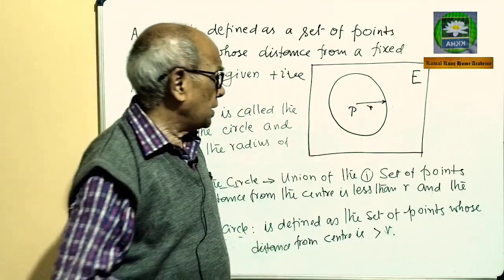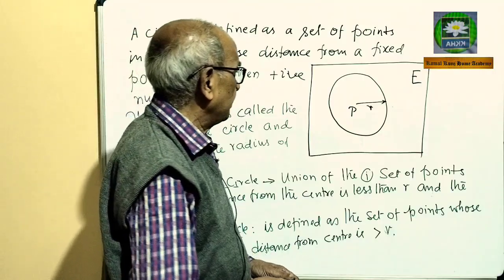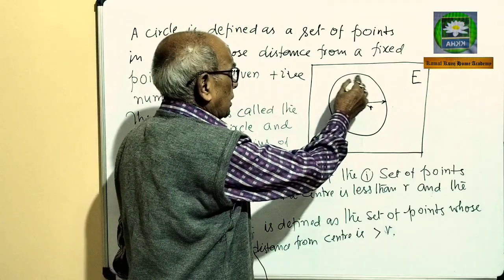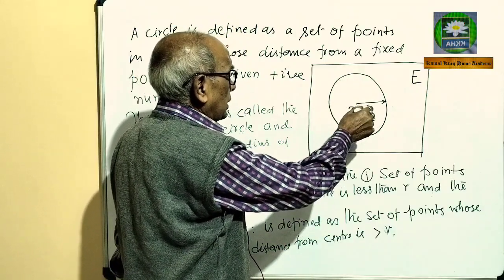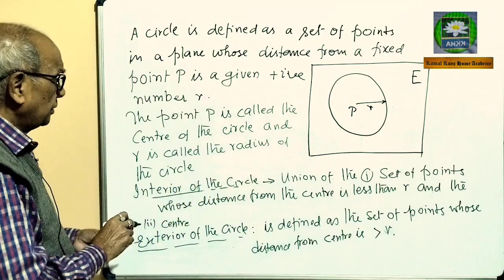What is the circular region of the circle?